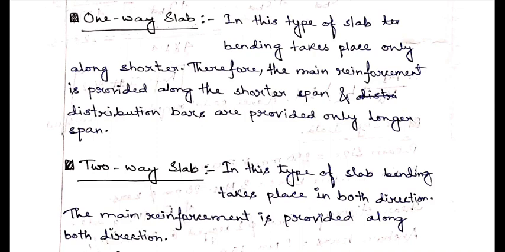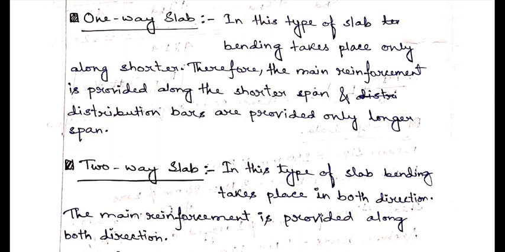In case of one-way slab, bending takes place only along one direction, that is the shorter direction. But for construction, we have to provide reinforcement bars in the longer span also. That reinforcement is called distribution bar.